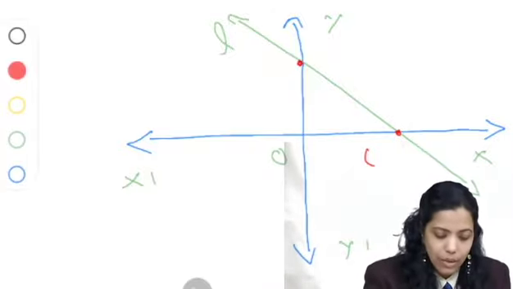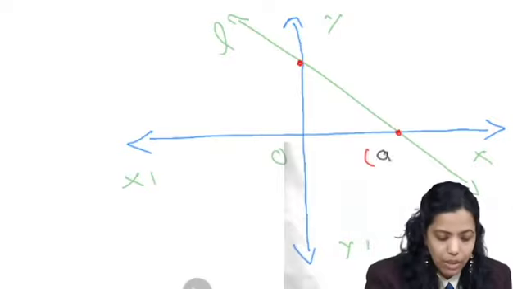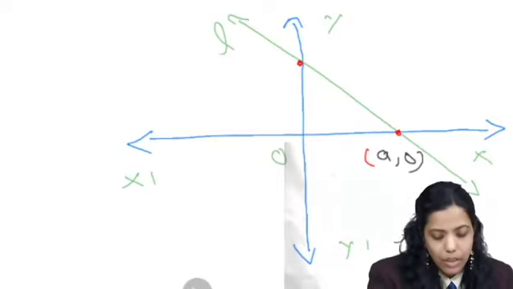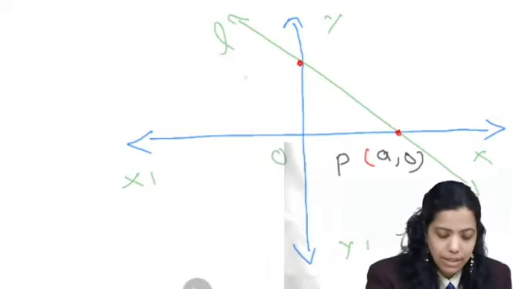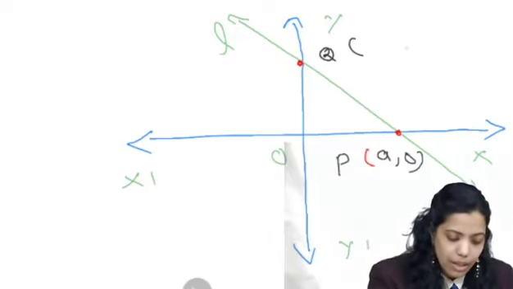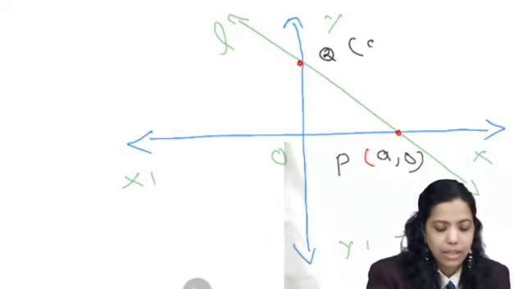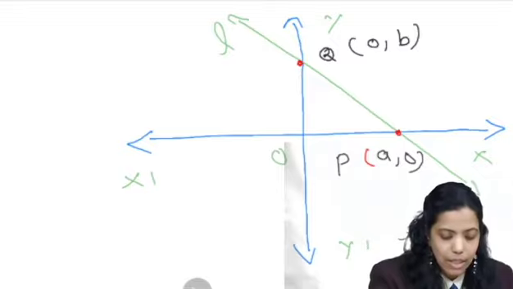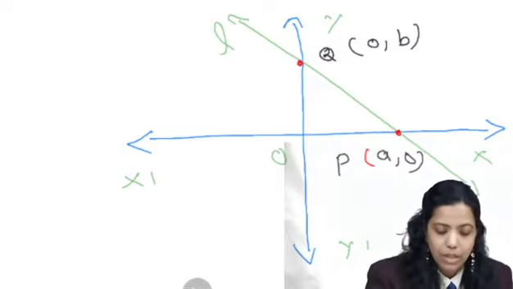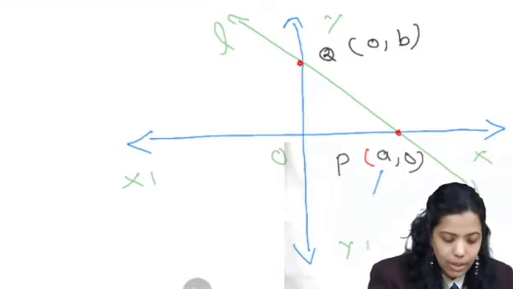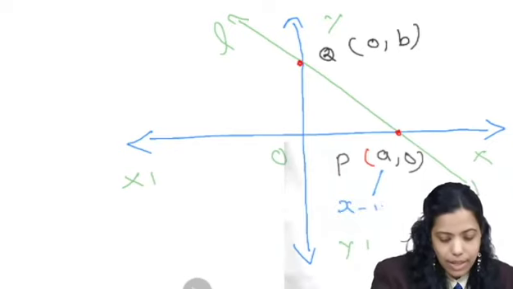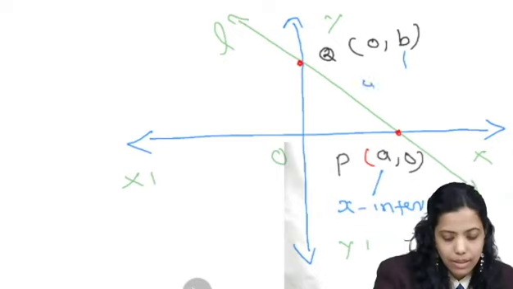So here we can denote that point of intersection by (a, 0) on the x-axis. Let it be the point P. And here on the y-axis, it is intersected at (0, b). So that a is known as the x-intercept and b is known as the y-intercept.